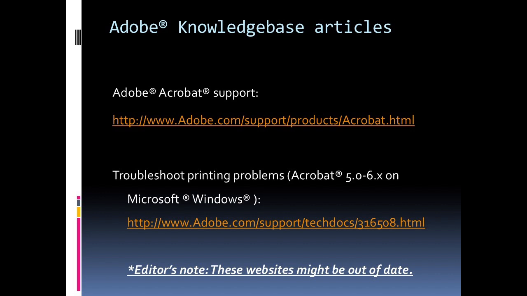And the other webpage concerns troubleshooting printing problems, Acrobat 5.0 through 6X on Microsoft Windows, which can be found at www.adobe.com/support/tech-docs/316508.html. Please note, these are old websites, so they may not be running any longer.